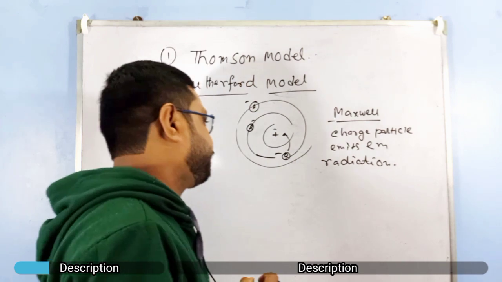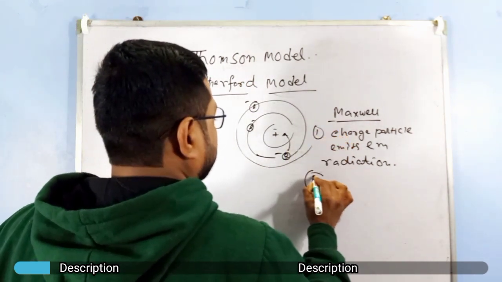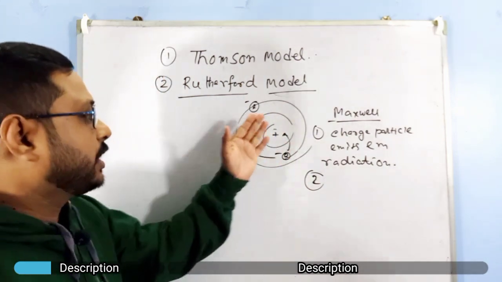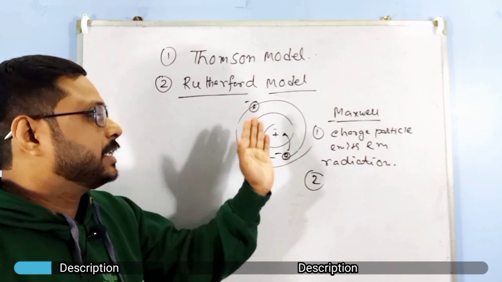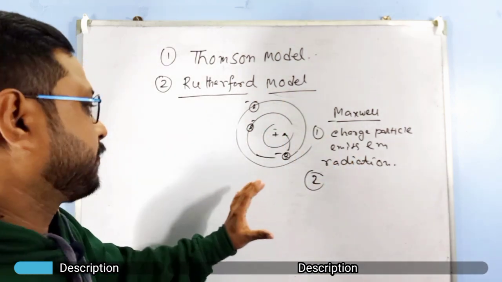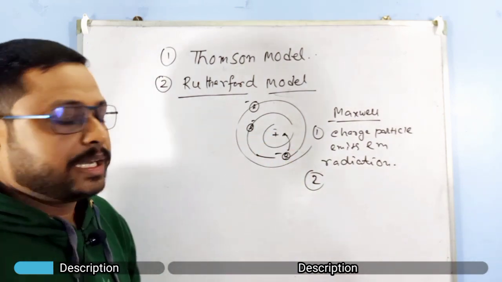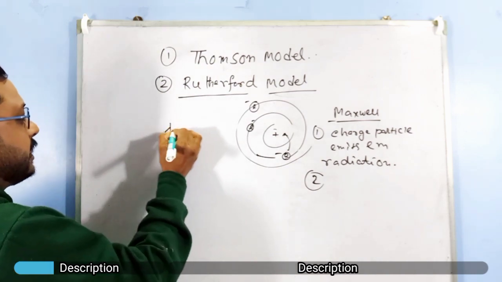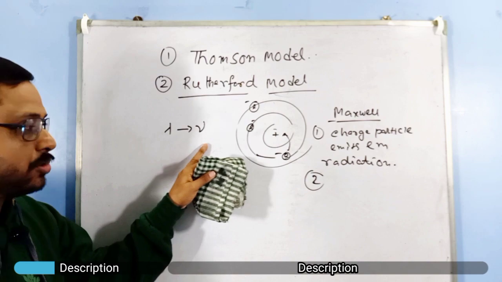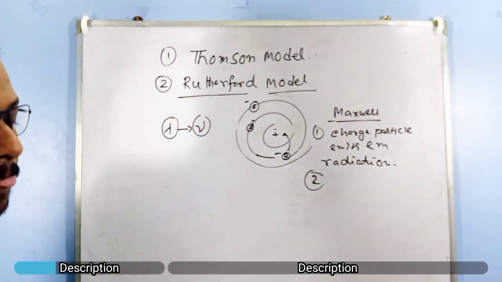Number 2: when an electron moves in a circular orbit, its frequency changes, as a result its intensity changes, and as the frequency changes its energy changes. Wavelength is also related to frequency, so as the frequency changes, the wavelength continuously changes.